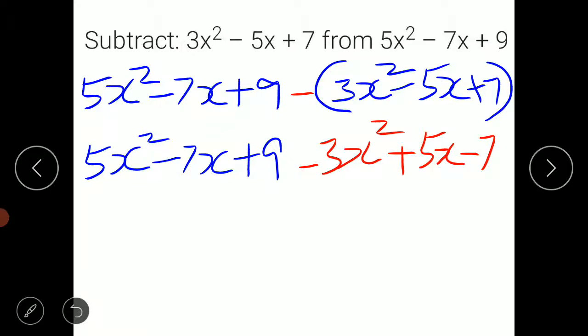Now the next step, grouping the like terms. So the x square term. Yes, this is also x square. So let's group 5x square minus 3x square. The sign is minus 3x square. Okay, we grouped the x square term.